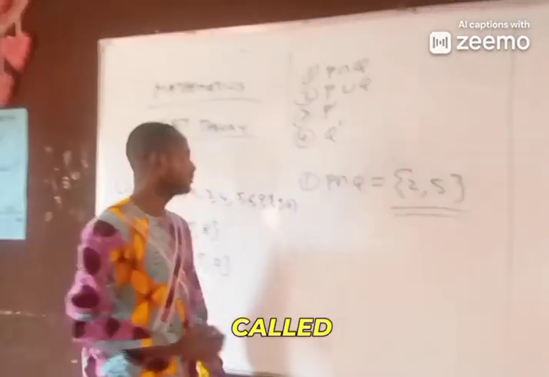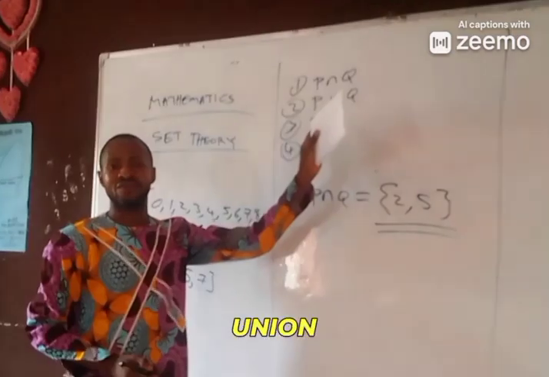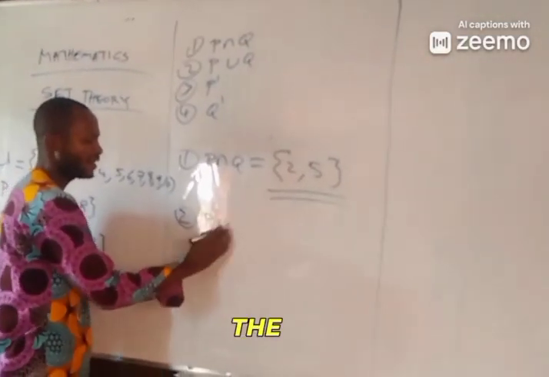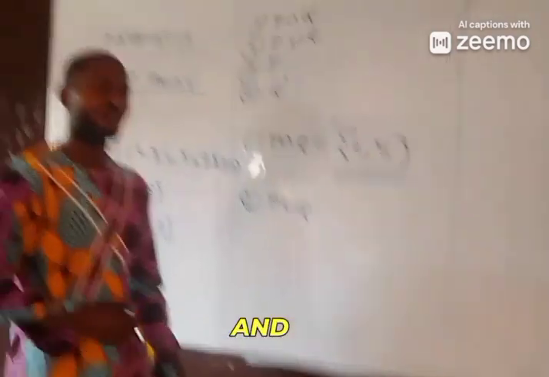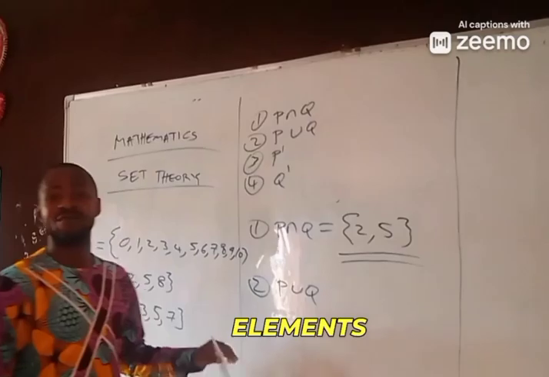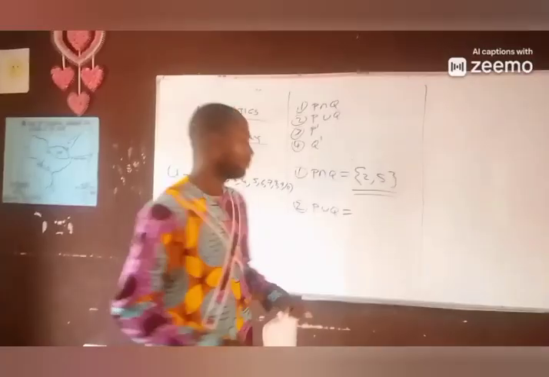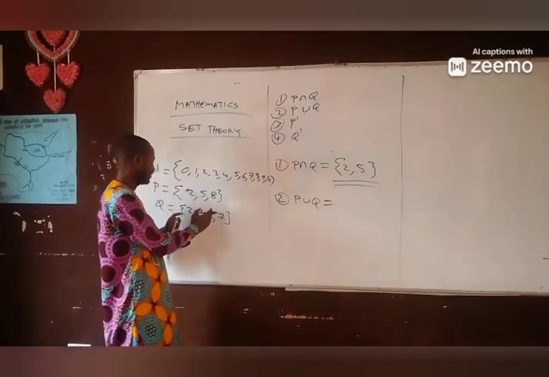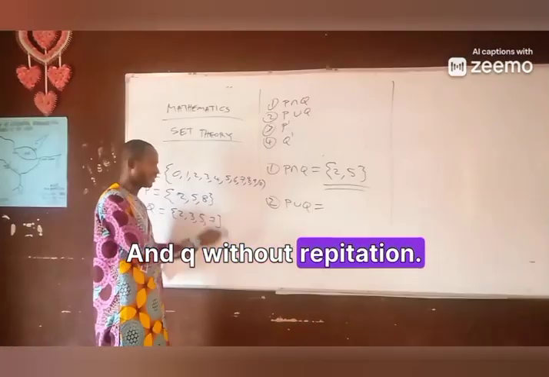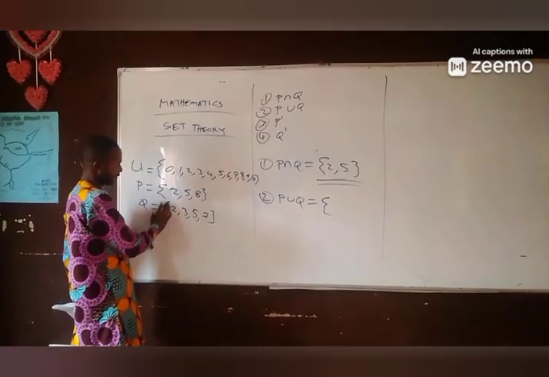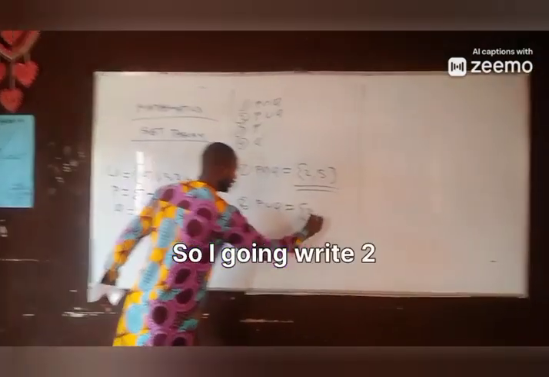The next one is called union, P union Q. Union of sets means all the elements in both P and Q, without repetition. In this case, we have 2 here, we have 2 here, so we're going to write 2.